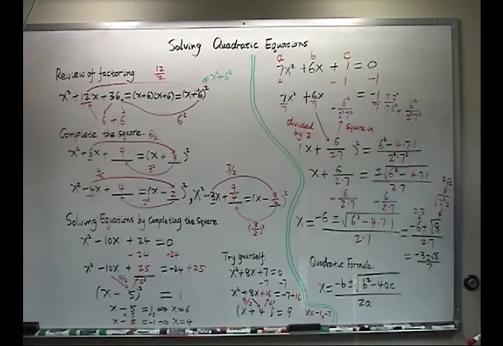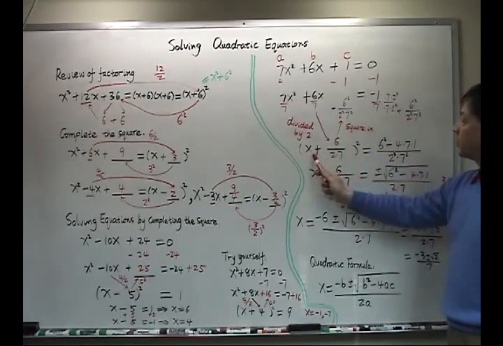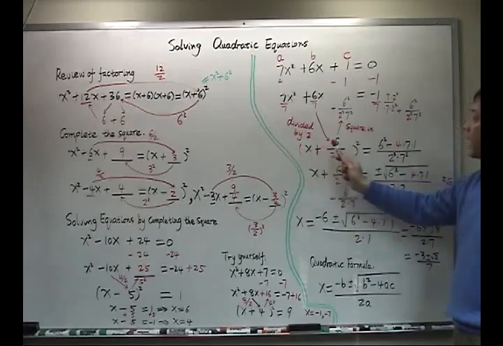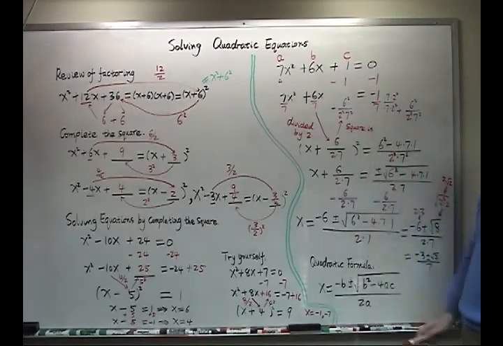Okay? Now we know those three terms together is a complete square. The left hand side comes to be x plus 6 over 2 times 7, then squared.